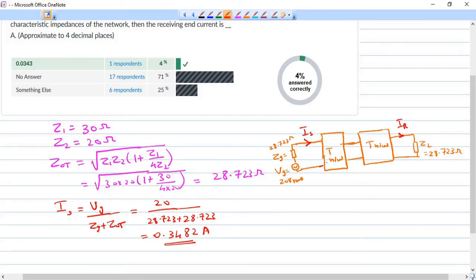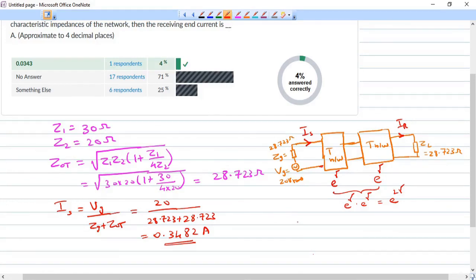Now when this current flows through each of these networks, we will have some attenuation. The attenuation in the first network is e power gamma, where gamma is the propagation constant of the first network. Similarly, as the signal flows through the next network, we have another attenuation equal to e power gamma. Since both are identical T networks, the total attenuation is e power gamma into e power gamma, which is e power 2 gamma.